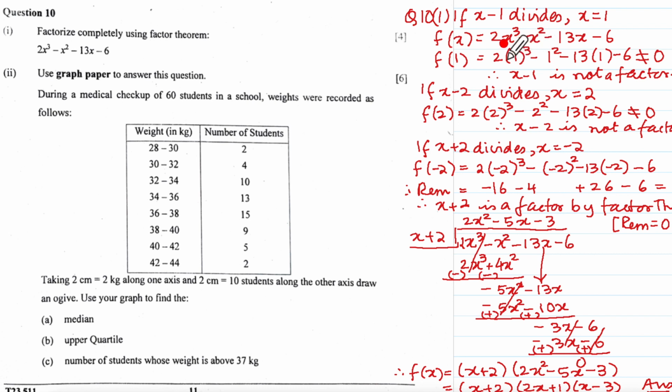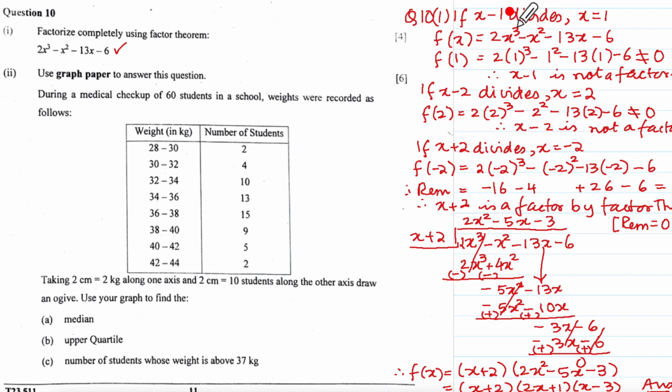Then f of x is this, which we have written from here, and we substitute x as 1. So f of 1 will be equal to 2 into 1 cube minus 1 square minus 13 into 1 minus 6. As you can see, this is only positive quantity, everything else is negative, so which is not 0.